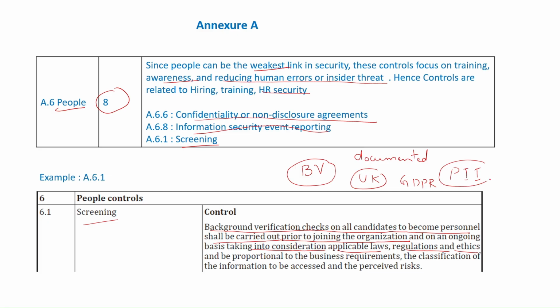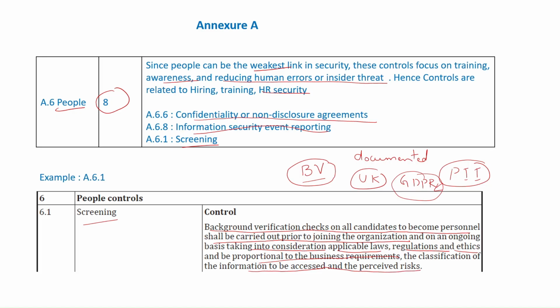So when you're dealing with PII, you make sure that you are following the GDPR rules, and also that it is proportional to the business requirement. Your business requirement says that you need to do the background verification, but at the same time, the law of the country says that you need to adhere to the GDPR rules. So you balance both of these and ensure that the background verification is done properly. The classification of the information to be assessed and the perceived risk.